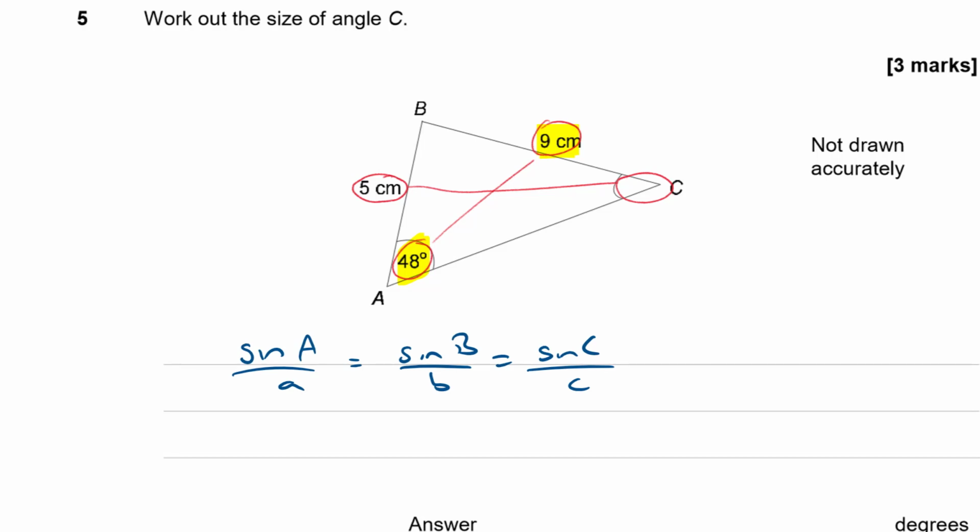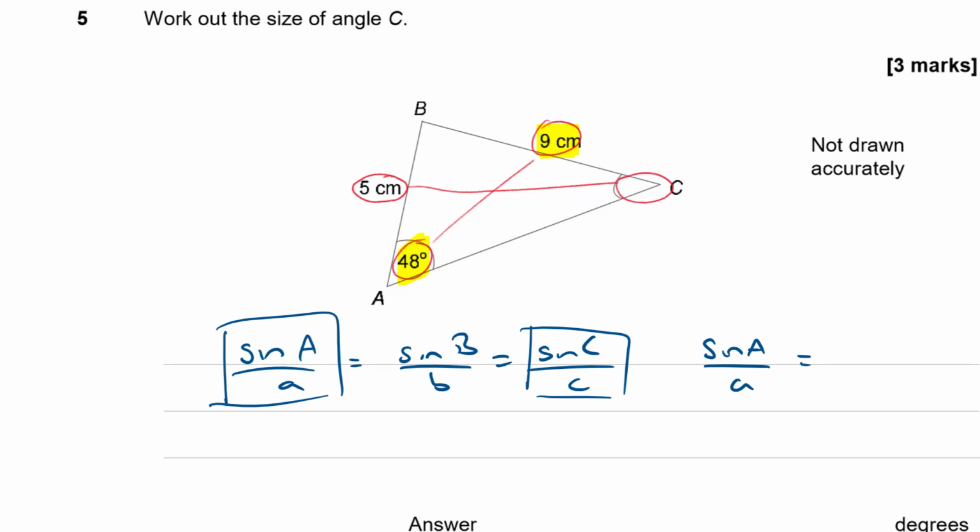Now this time we have angle A and side A, so we're going to be using this part, and we have side C and we want angle C, so we've got that part there. So I'm going to be using sine A over A is equal to sine C over C.